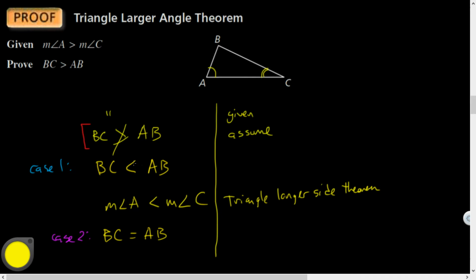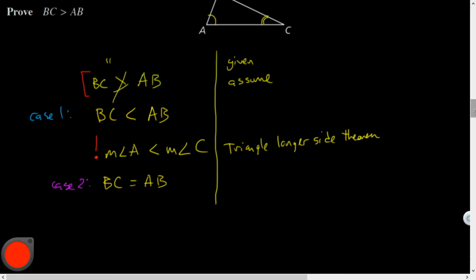Is the measure of angle A less than the measure of angle C? No, because I specifically started by saying that wasn't the case. So this is false. That doesn't work. It'll be in our conclusion that we'll make that claim. So case one ends up with a contradiction.